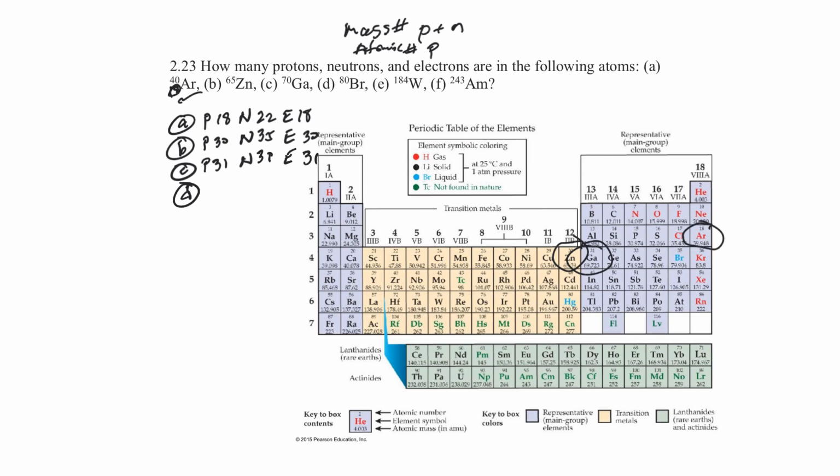D is bromine-80. Bromine is 35, so protons would be 35, neutrons is 80 minus 35, 45. Electrons is the same as protons, 35.